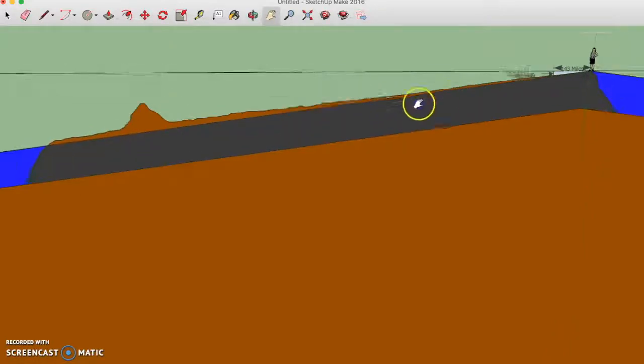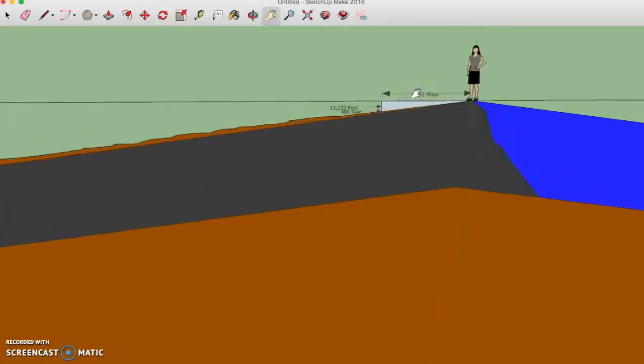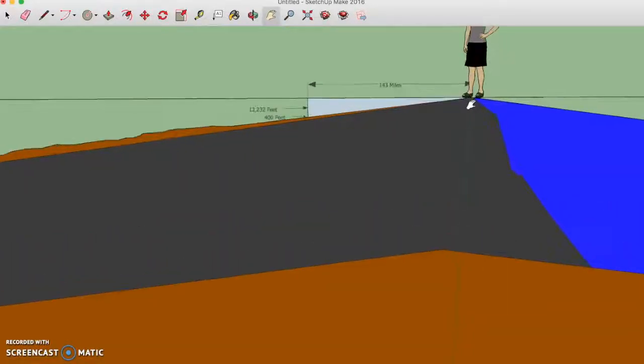Your land sticking out above water. Well, if you're standing at the mouth of the river, where the river enters the sea or the Gulf or the ocean, whatever it enters, and you're looking back towards my house, 143 miles, there's the 13,632. So I'm 400 feet above sea level.